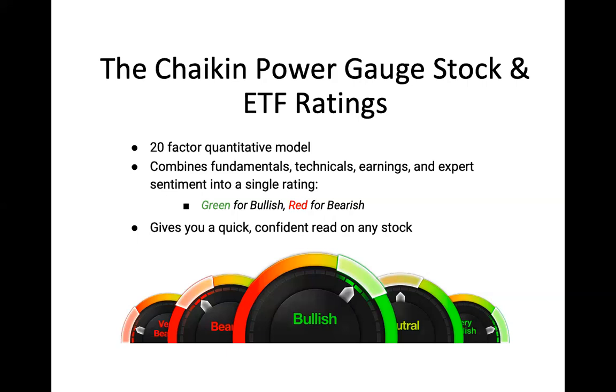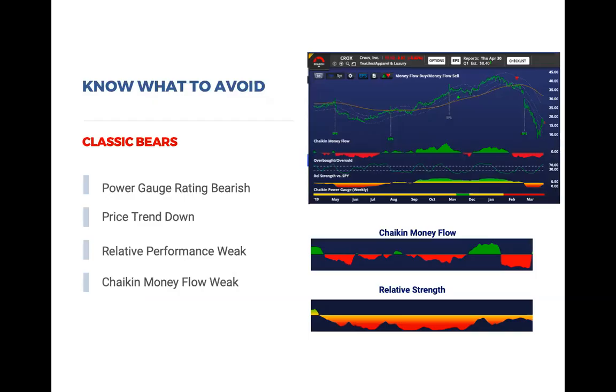But the bottom line is, by combining 20 factors that those successful institutional investors that I referred to in my short bio look at every day, is a way to level the playing field for the individual investor. For you and me to do this fundamental research would be virtually all-consuming. And so we've created the Chaikin Power Gauge ratings to do that for you.